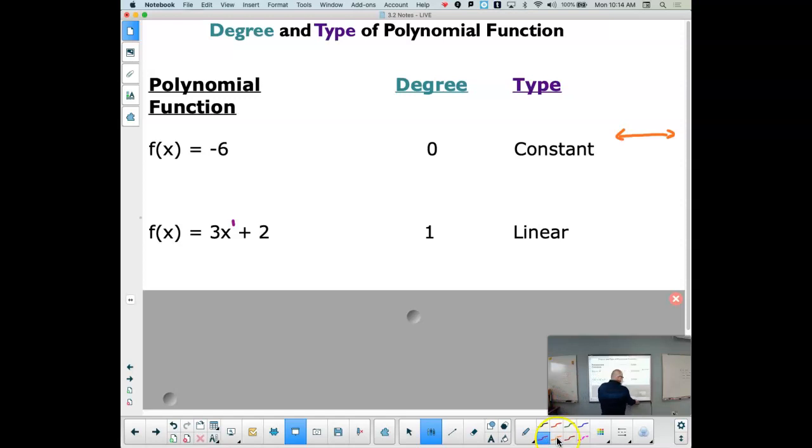And it looks like a line. If my lead coefficient is positive, I would be going up and to the right. If my lead coefficient is negative, I would be going down and to the right. So that lead coefficient helps us with the direction of our graph.